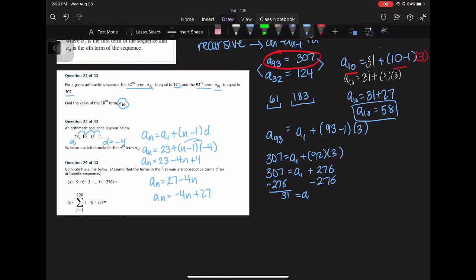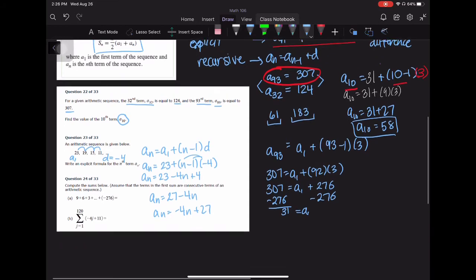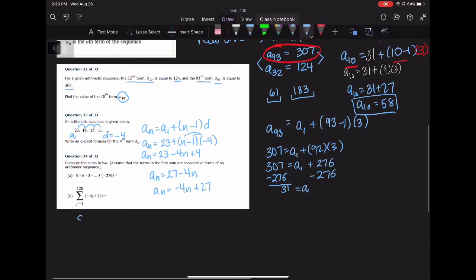Now on my last two, I'm asked to compute the sums below. So I'm not using the formula that's explicit or recursive. What I'm using is the sum formula: S sub n is equal to n over 2 times a sub 1 plus a sub n. What I need is to know how many terms there are, what the first term is, and what the last term is.